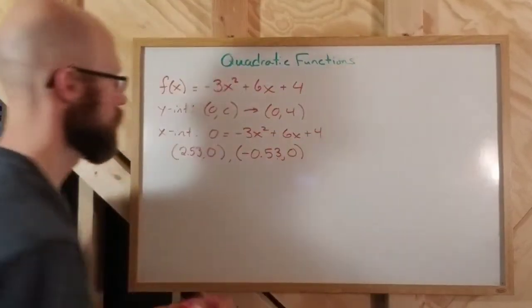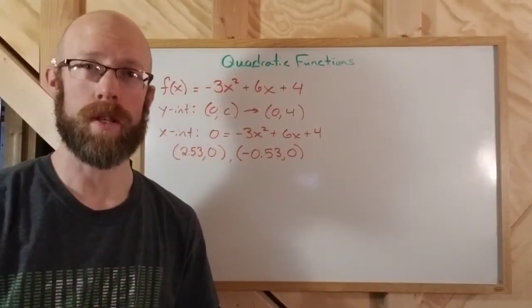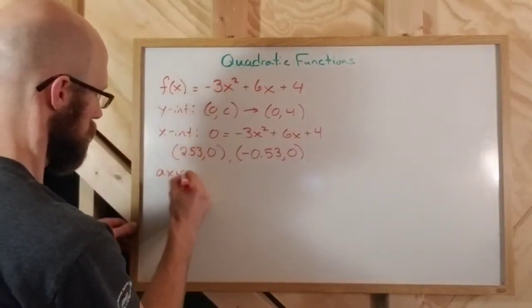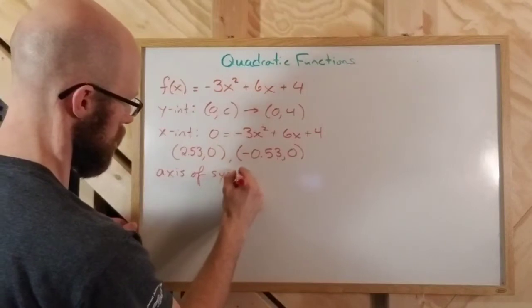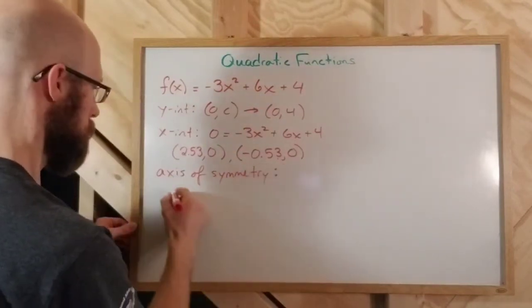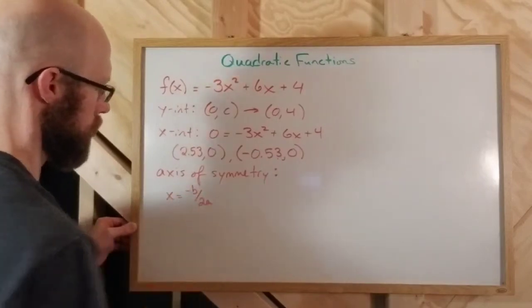Okay. Now, the next thing I would probably choose to do is the axis of symmetry. We know that the axis of symmetry is found using the formula x equals negative b over 2a, right?